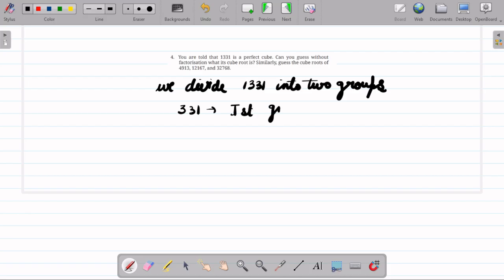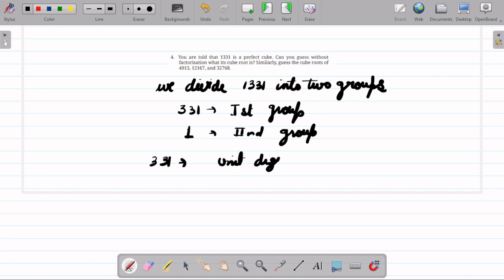And we are left with 1, right? This will be the second group. 331 is having unit digit 1. The unit digit is 1.